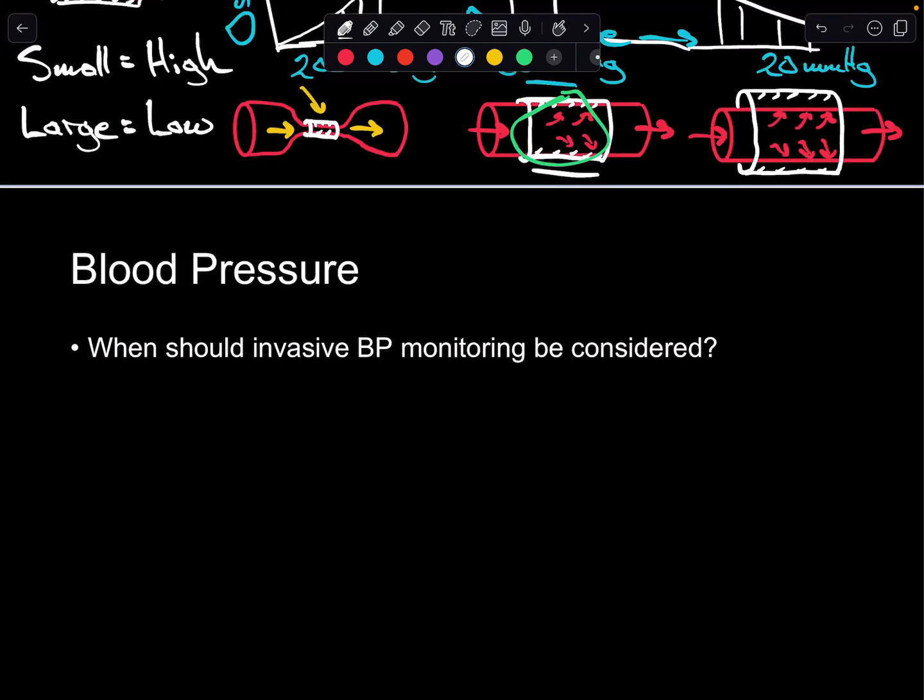So there's a couple different indications for invasive blood pressure monitoring. Probably the most common is if you want moment to moment or beat by beat assessment of blood pressure.